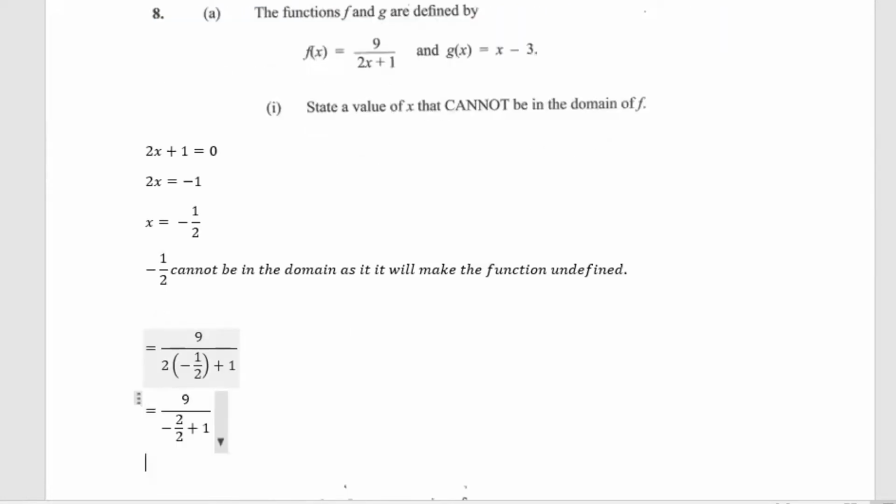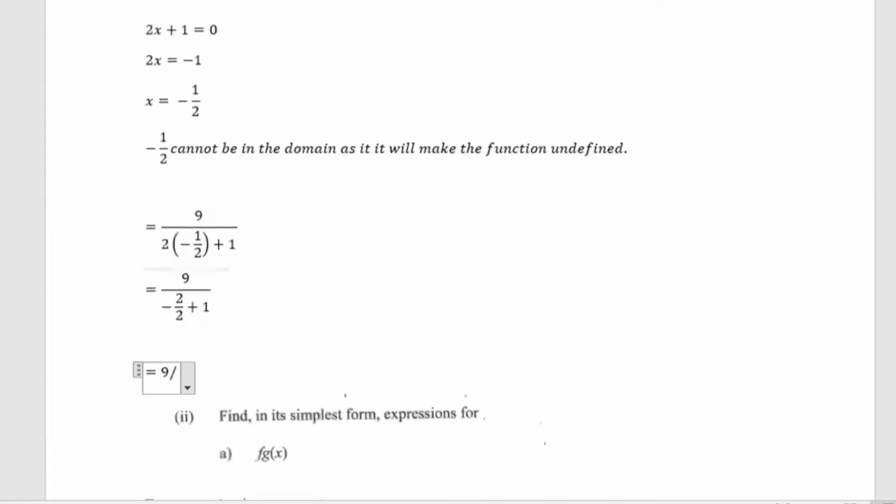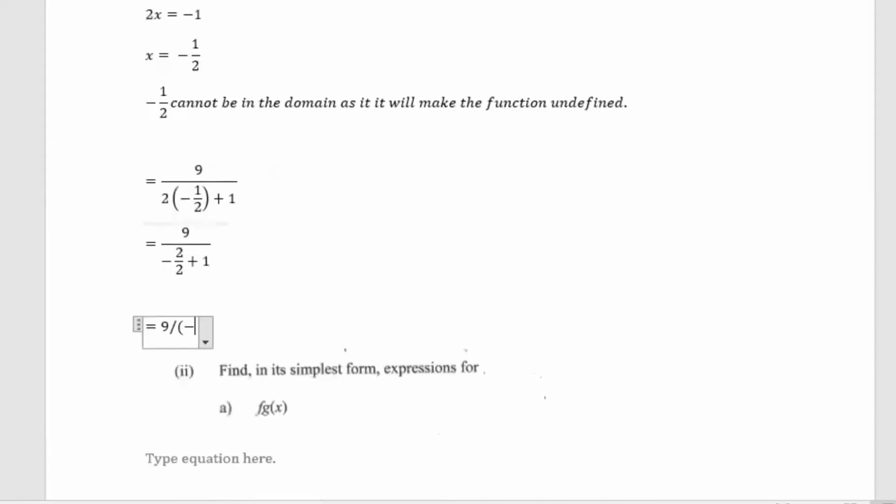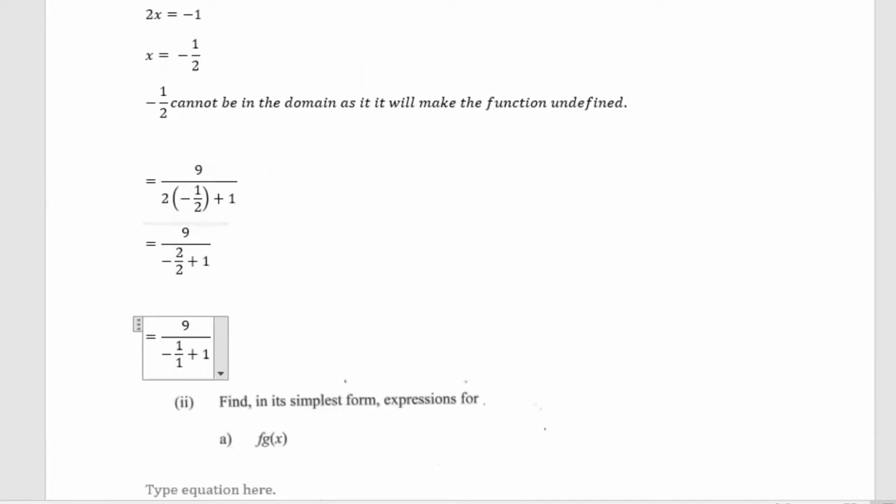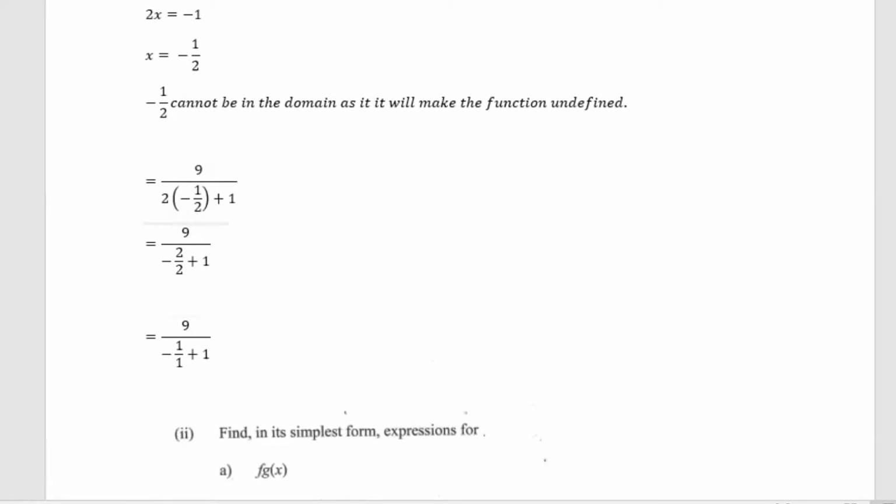And now if you look at this -2/2, as I was saying, it will become 9 divided by -1/1 plus 1. And now from this -1 divided by 1, what we'll have is 9 divided by -1 plus 1.